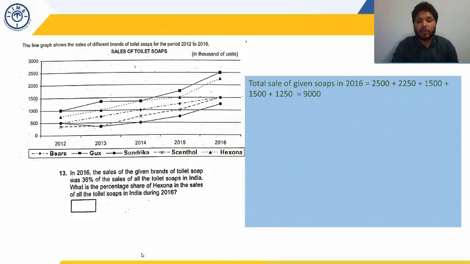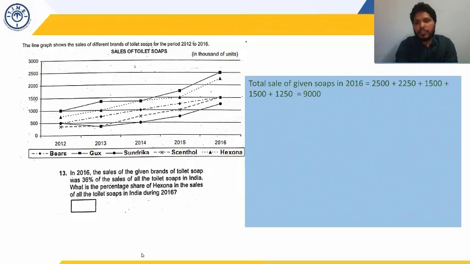So this is the total sale of all the given 5 soaps in 2016, which comes out to be 9000. And we know this 9000, the total sale of all these soaps, is 36% of total soap produced in the country or in India.